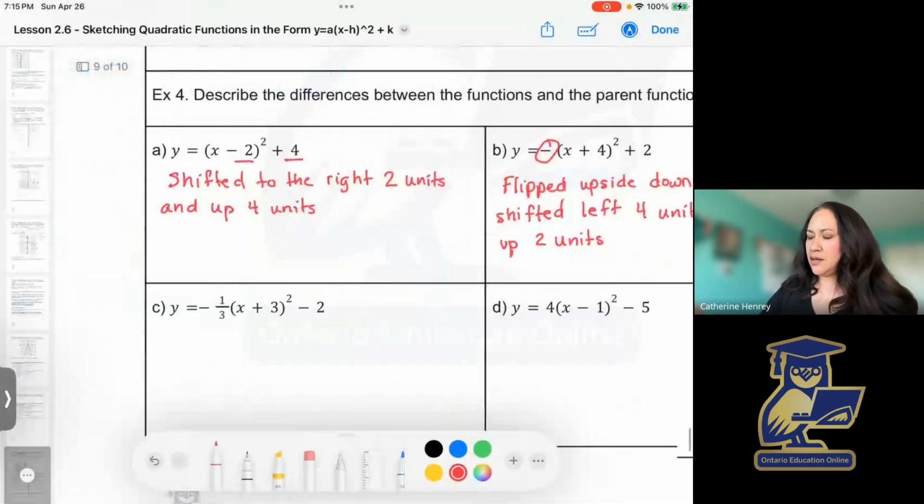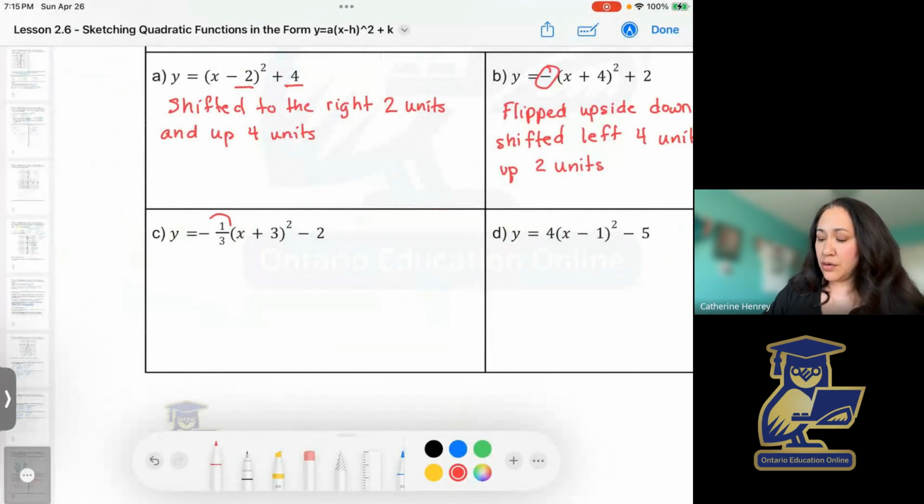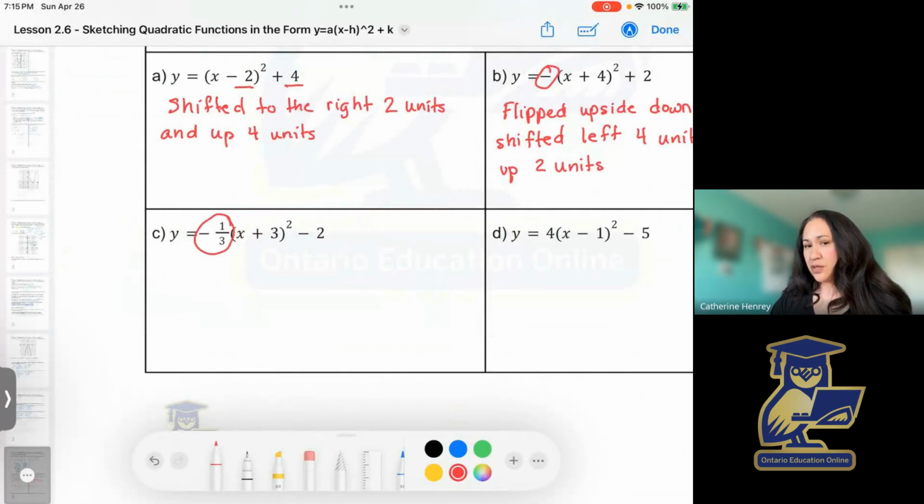For C, we have a negative 1/3. So it is flipped, but then it's going to be vertically compressed.